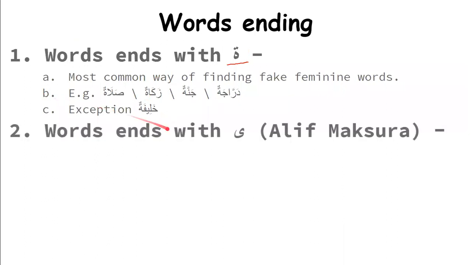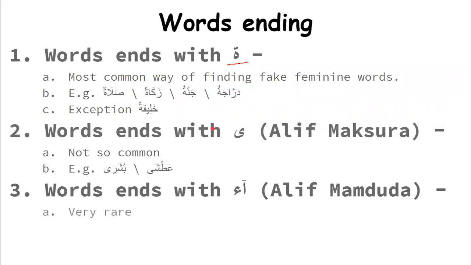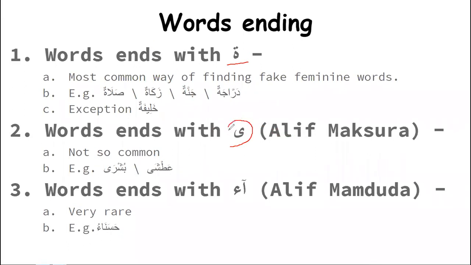Then comes alif maksura, and another thing is alif mamduda. So this thing I'm skipping, but just so you know, there is this kind of alif or this kind of alif. If you find those at the end of any word, that will probably be a feminine word, not always. These are rare, but this one is most common. So you have to know this one very well.